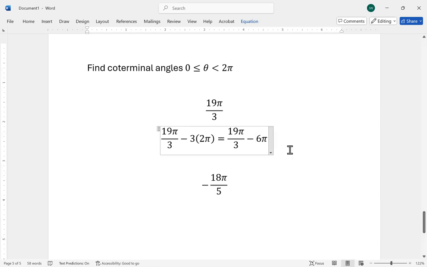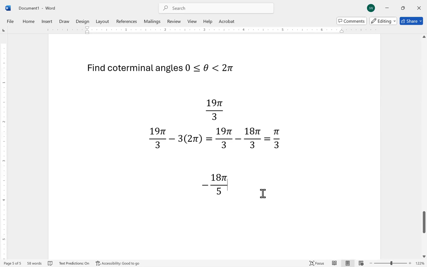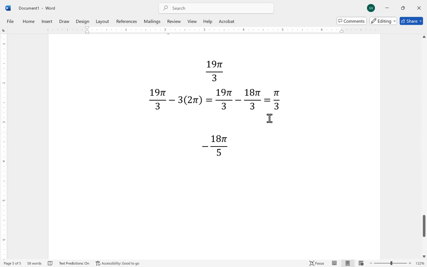So multiply top and bottom by, excuse me, by 3 to get 18 pi over 3. That's the same thing as 6 pi. And that is 1 pi over 3. So 19 pi over 3 is coterminal with pi over 3. Okay, so pi over 3 and 19 pi over 3 are coterminal. And pi over 3, if you remember from earlier, is our 60-degree mark.